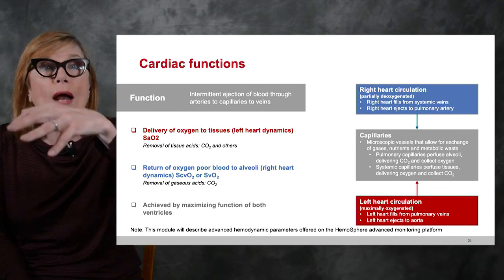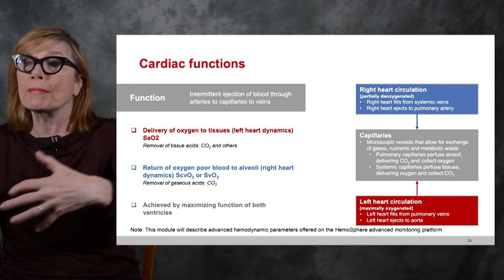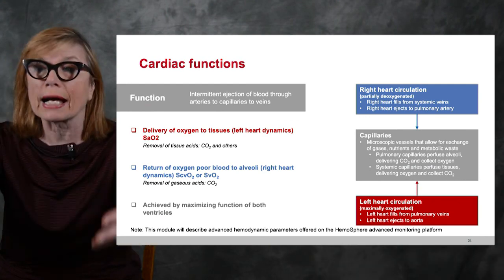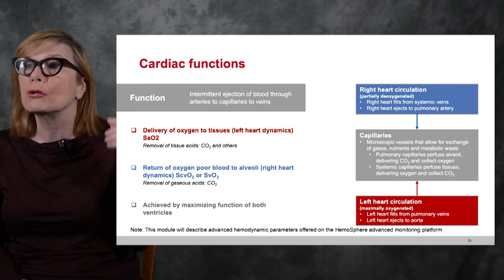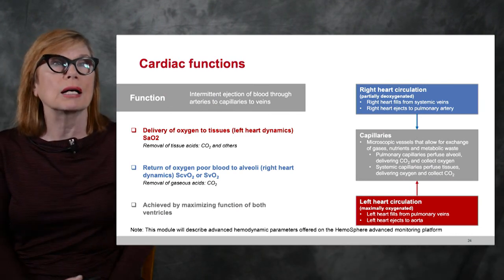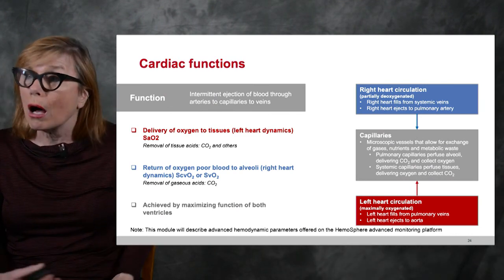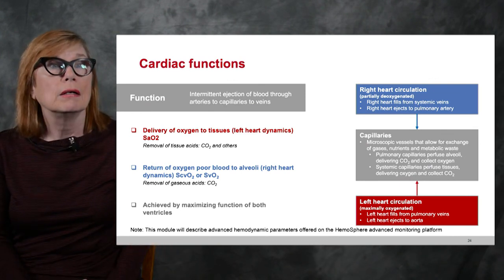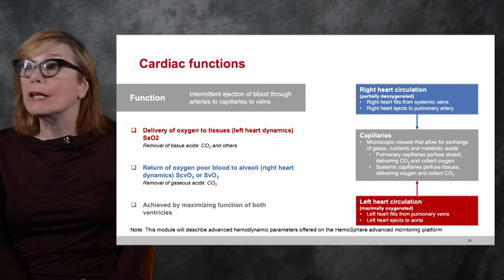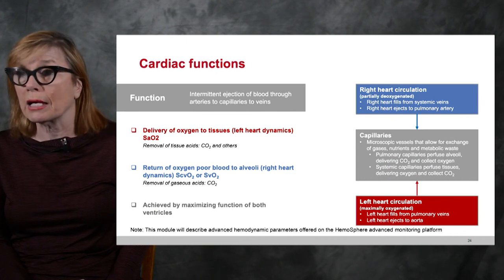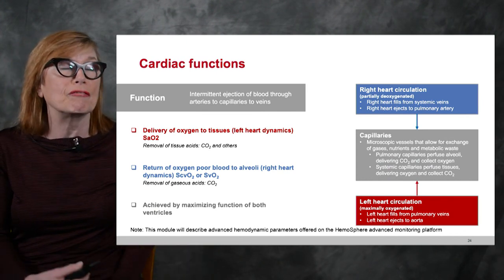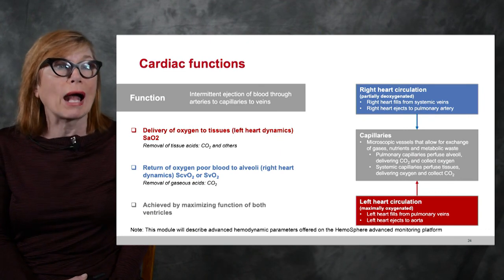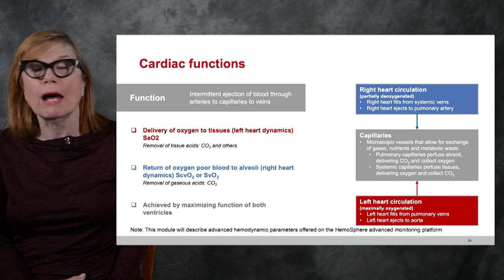That the role of the right heart is to fill from the systemic veins, to eject into the pulmonary artery, to deliver blood to the alveolus in order to uptake oxygen and download carbon dioxide. It's an incredible thing. And you can't do one without the other. You must maximize efficiency and function of both right ventricle and left ventricle.